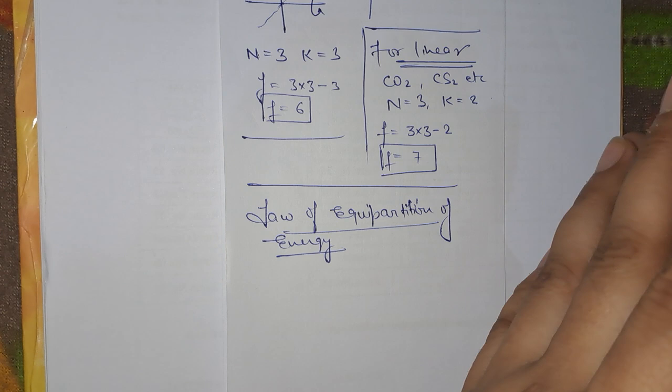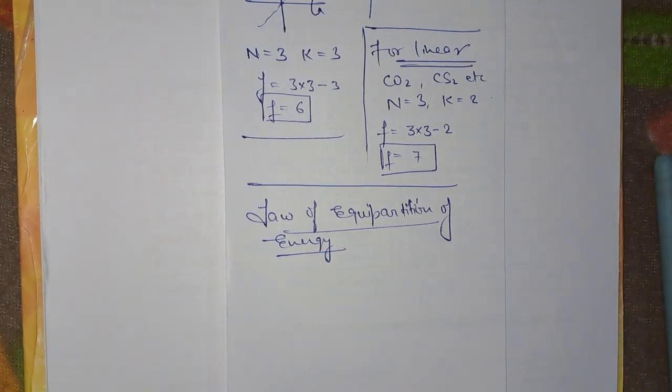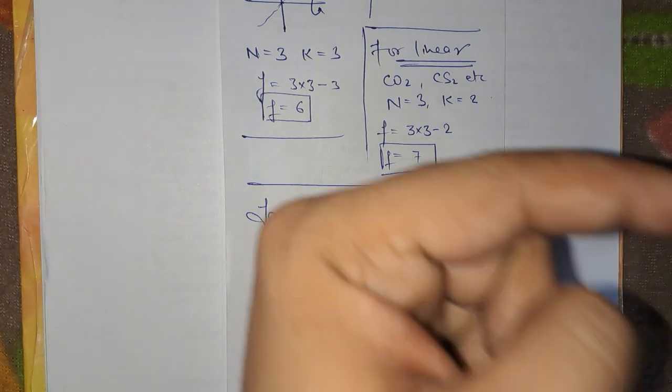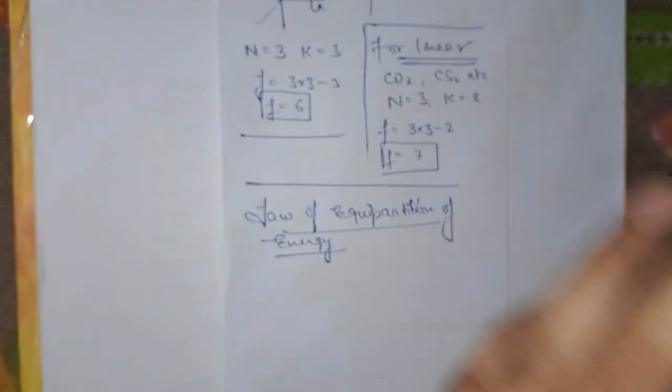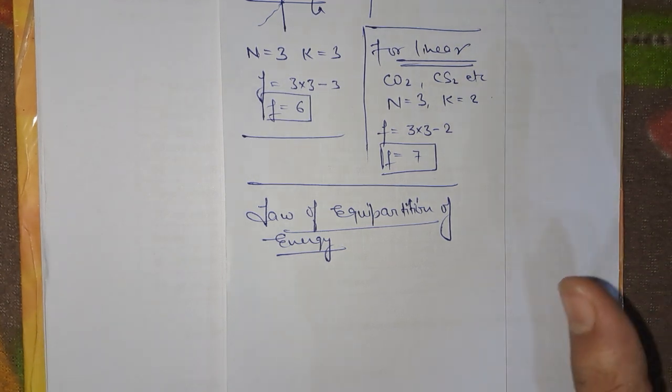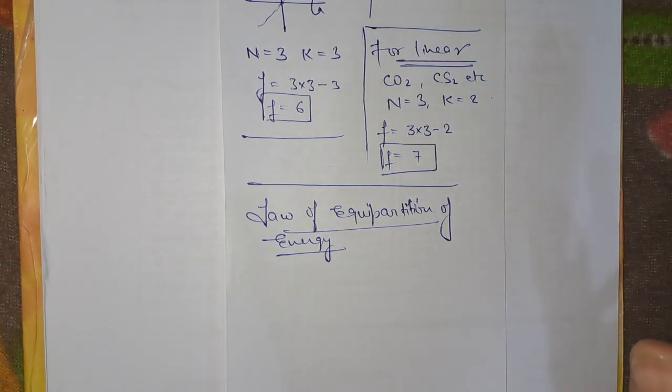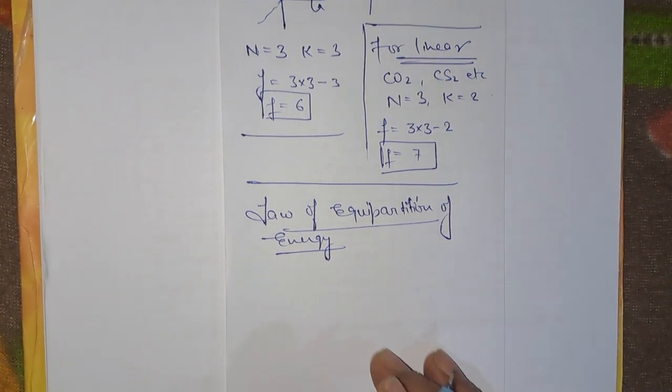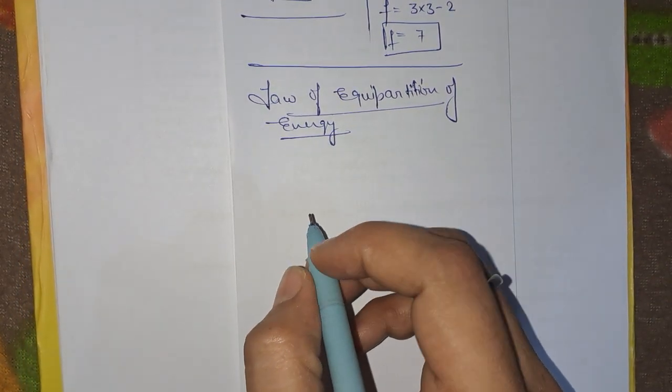Since there are several number of particles, the energy is considered to be equally divided. So in such case, there has to be some law which defines the distribution of this energy according to the particles in the system. So what does this law define?